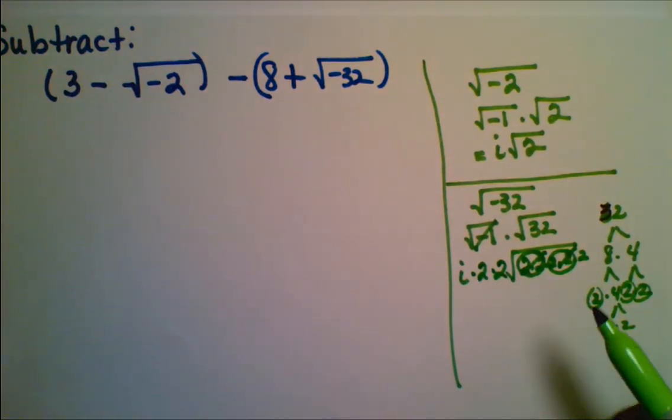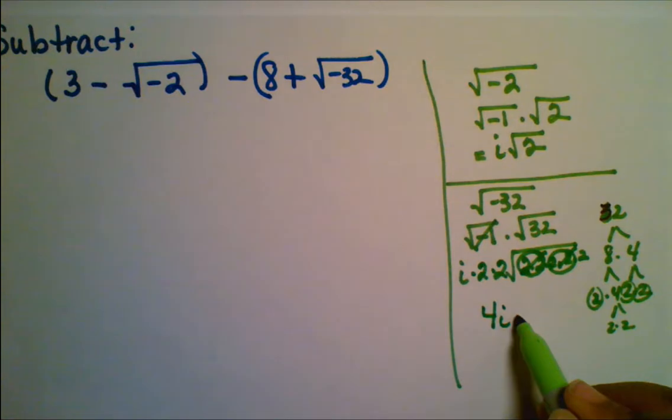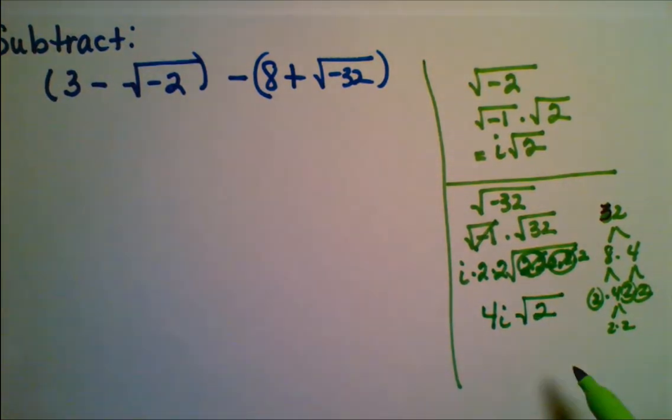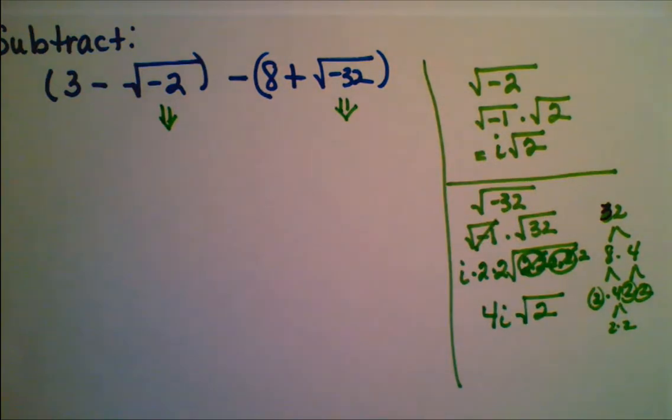And then outside the radical, we have i times 2, which is 4i. And then we have under the radical the square root of 2. So now we've completed those square roots where we have the negative numbers under the radical sign.